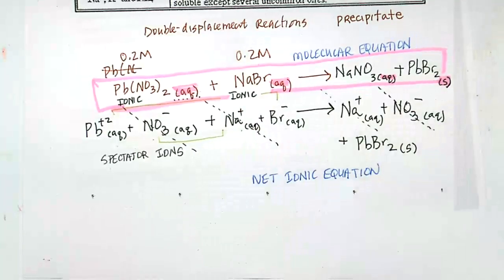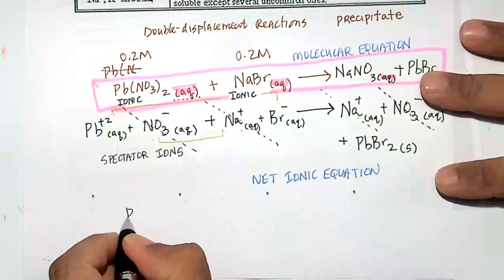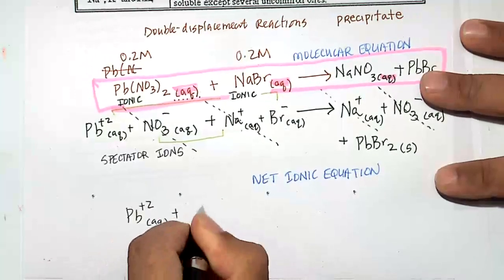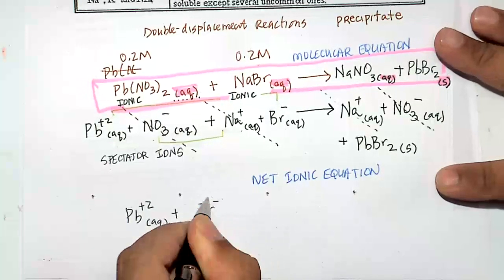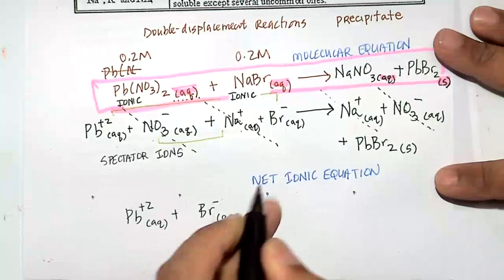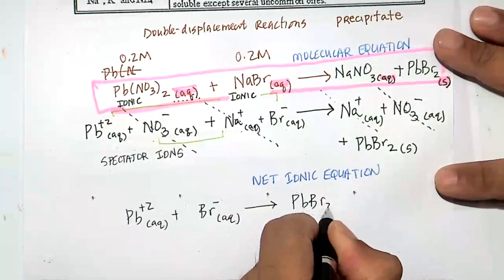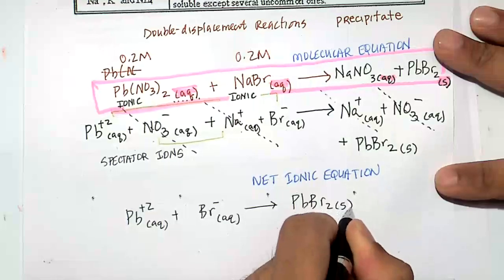Okay, so what's the net ionic equation for this one? Pb plus 2 aqueous, very good, plus Br minus, PbBr2, solid.